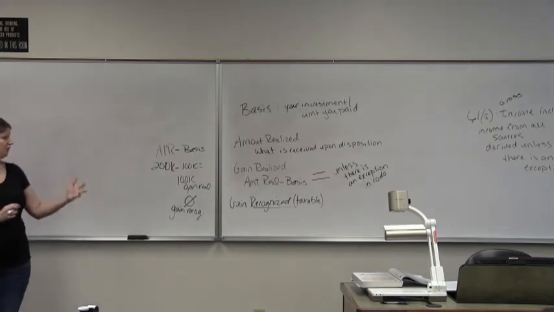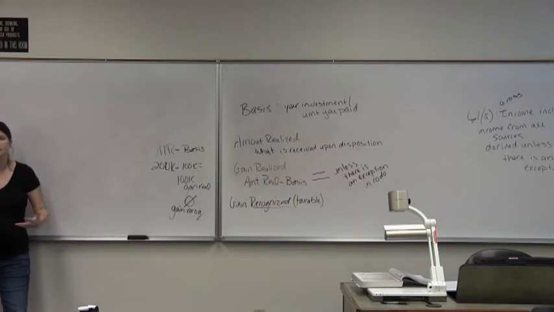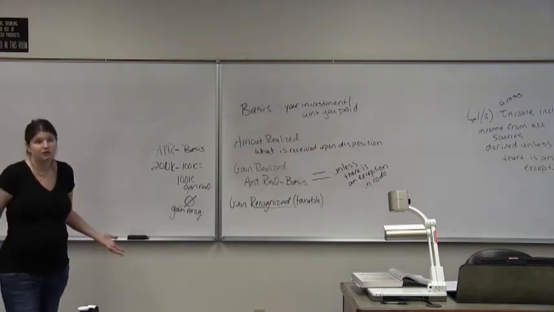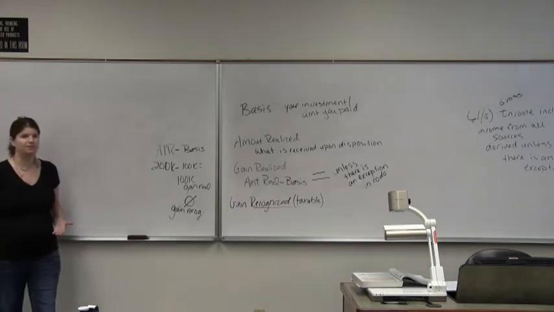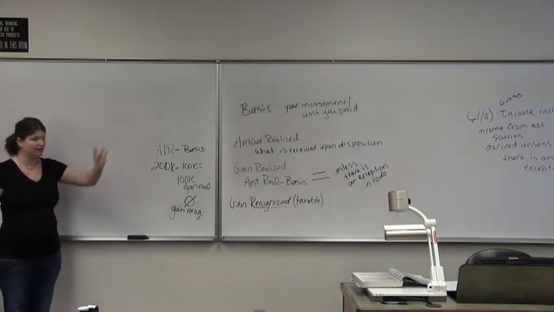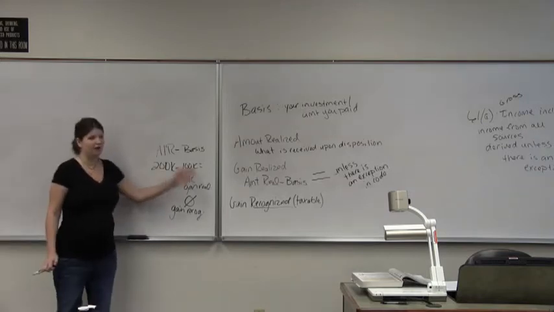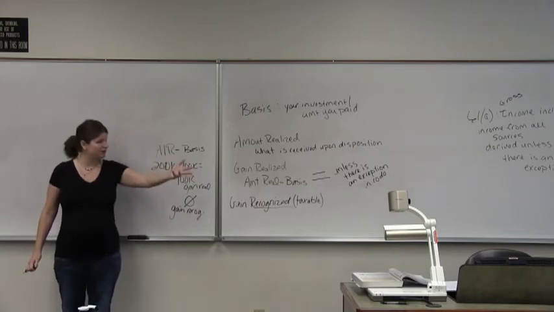So when I use the word in the class, is this a recognition event? All that means is, is this a transaction that will create tax consequences? For example, we'll talk about this here in a minute. If I were to give this house as a gift to, what's your name? To Jessica.